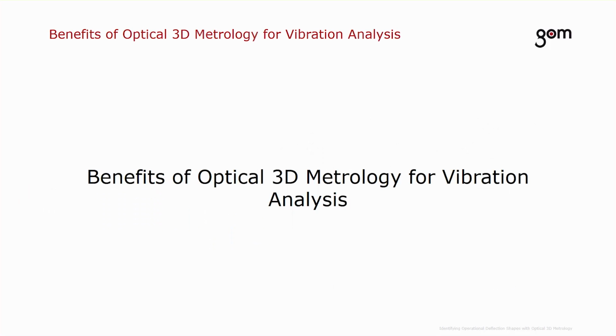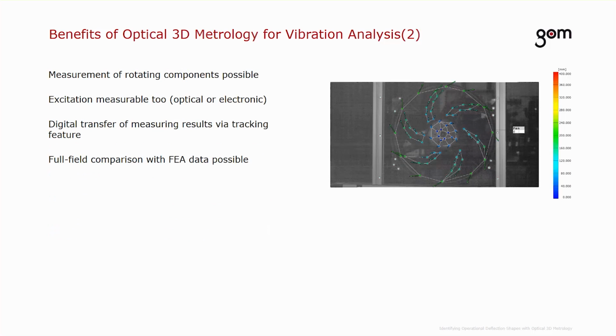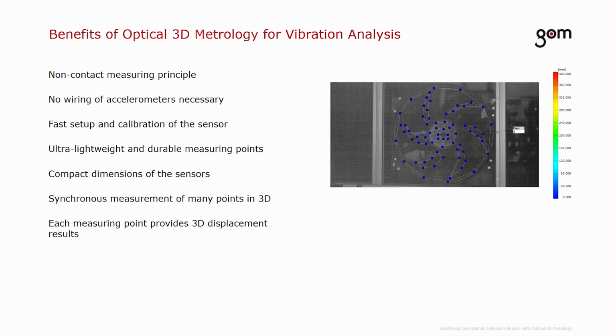So now that we saw what we can do with optical metrology in the field of vibration analysis, I want to go over and mention the benefits that we have with our measuring technology. So the application examples showed these benefits.